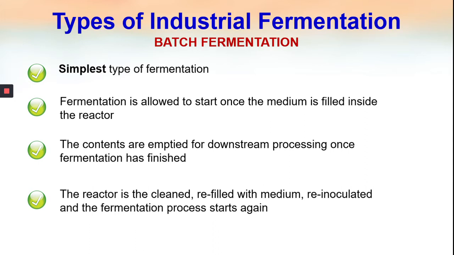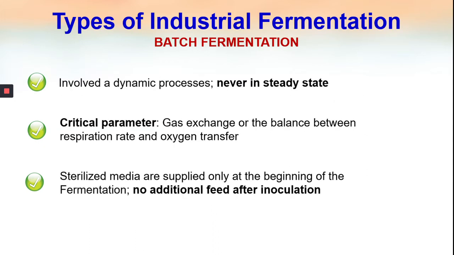This is what we call a closed system, whereby we don't disturb or interrupt the process of fermentation. Since this is a closed system, batch fermentation is also known as a dynamic state. Why do we call it a dynamic state? Because the pH and other parameters of the fermentation medium will undergo a fluctuating environment.